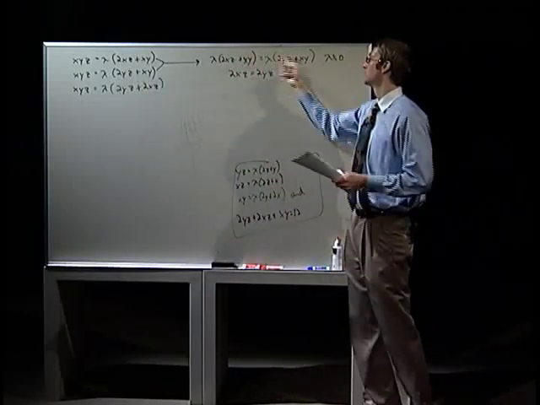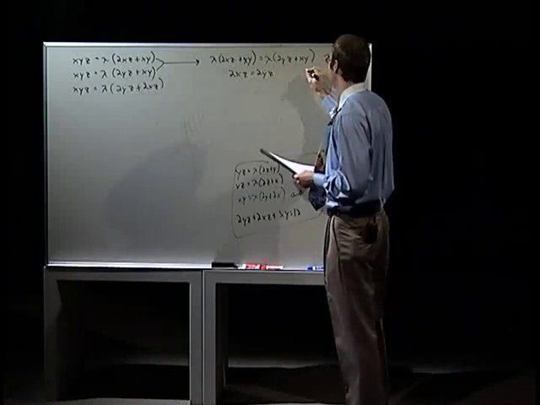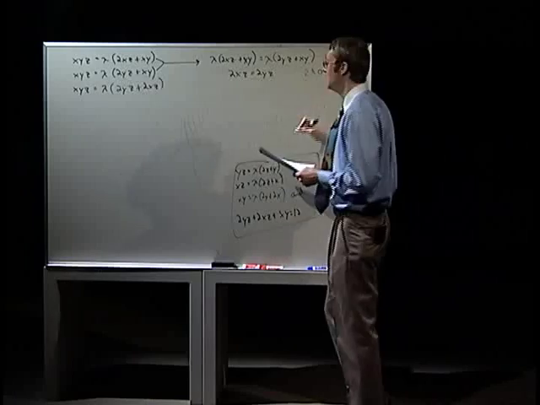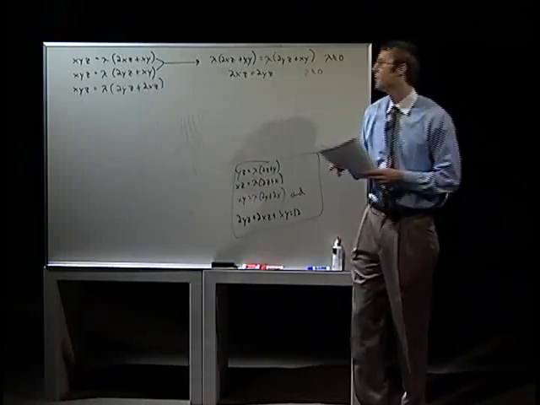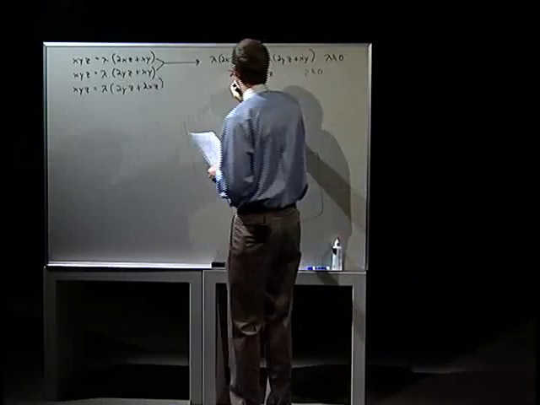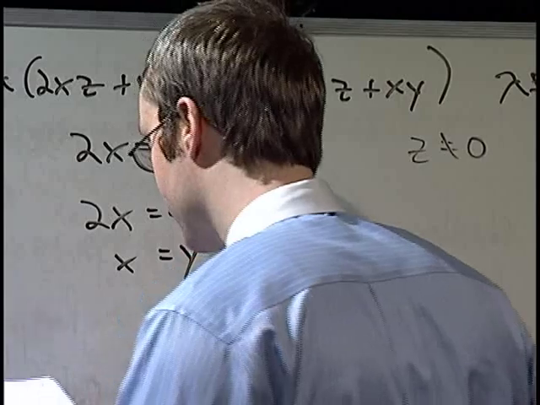Then you can divide by z, because if z was 0, this wouldn't be a rectangular box, it wouldn't hold any volume. So you get 2x equals 2y, so x equals y.